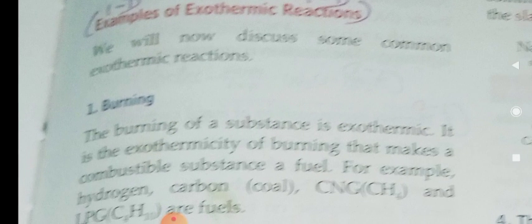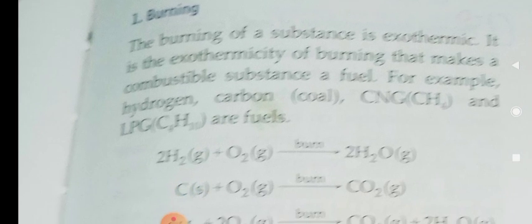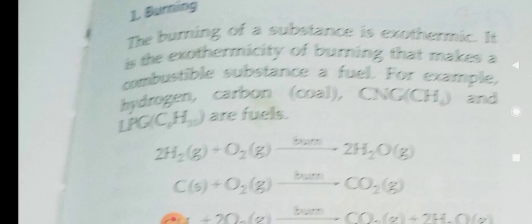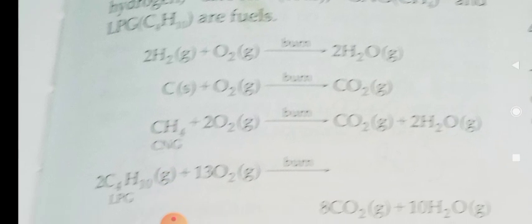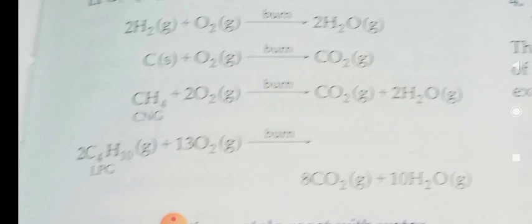Let us discuss some examples of exothermic reactions. First, burning is the best exothermic reaction. For example, hydrogen combines with oxygen to form water, and carbon combines with oxygen to form carbon dioxide.